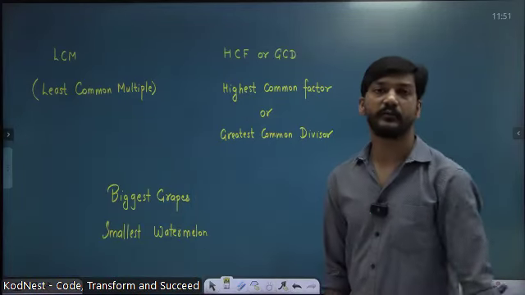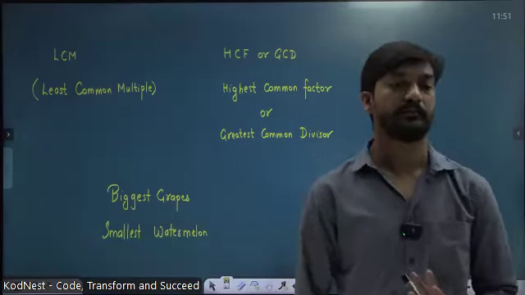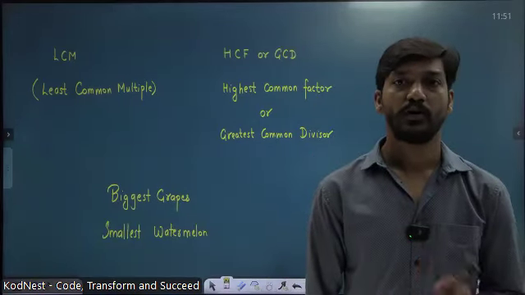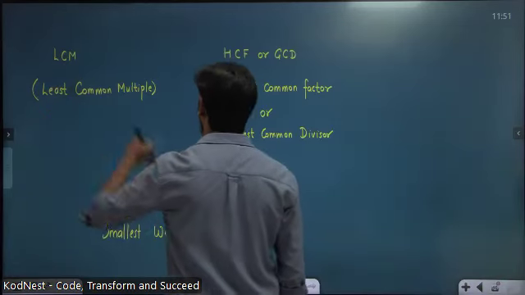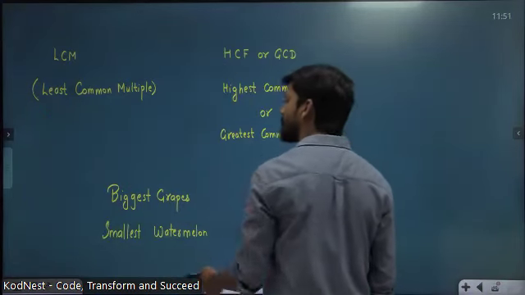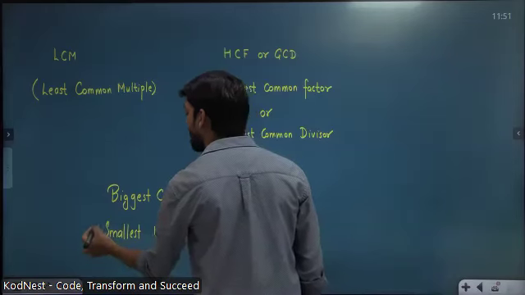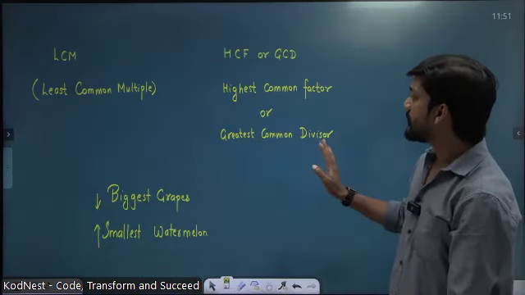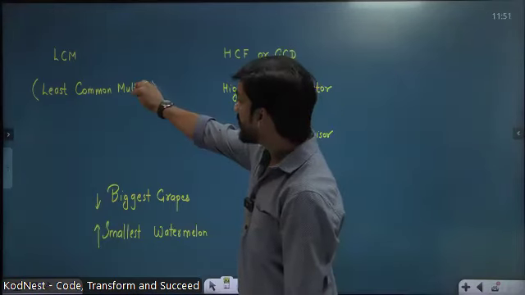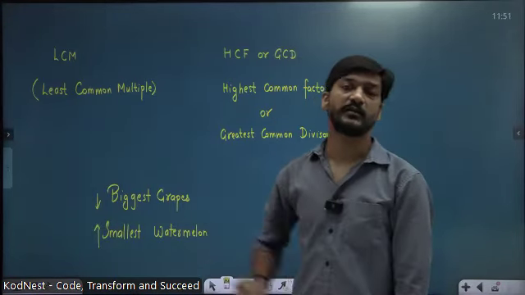What is going to be bigger out of these two? Watermelon, obviously. So don't think least means this will be low and highest means this will be high. We are not discussing the same thing. Here we are discussing multiples, here we are discussing factors.